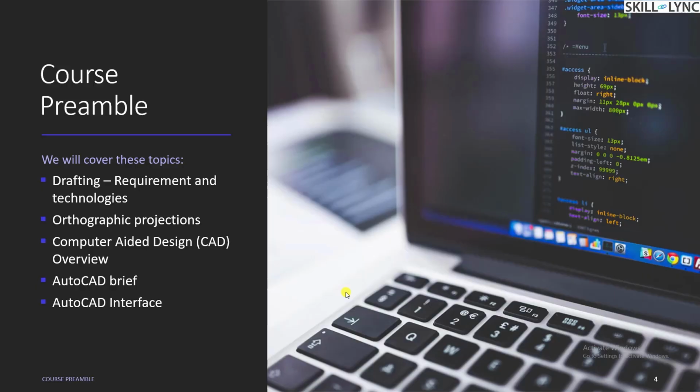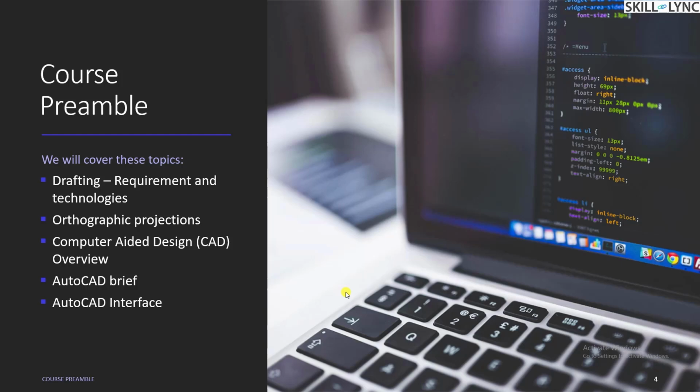So with the brief on the syllabus, now let's move forward to the course week-wise, starting with the preamble session. In week 1 we'll cover the following topics: the drafting technique, what it's all about, why drafting is required, and what the different technologies are that people use to create drafting. We'll also look into what orthographic projections are about and how to visualize 3D models in 2D layers.